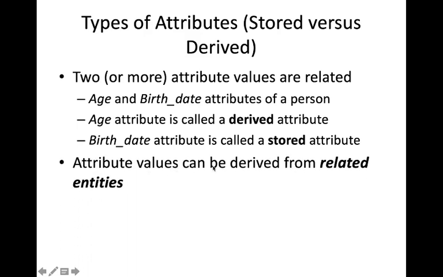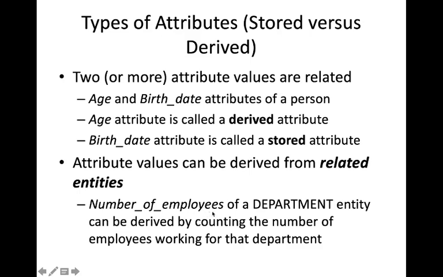Then attribute values can also be derived from related entities. If two entities are related, from those related entities also we can derive attributes. For example, the number of employees of a department entity can be derived by counting the number of employees working for that department. So we will not be storing the number of employees data in the department table.